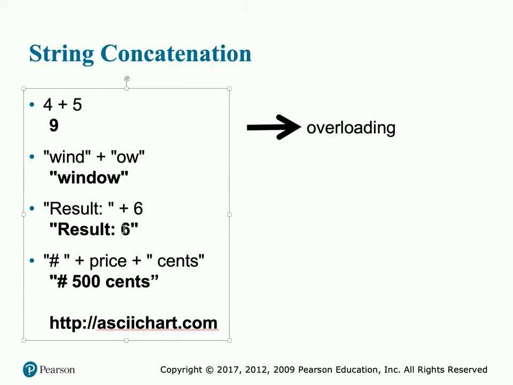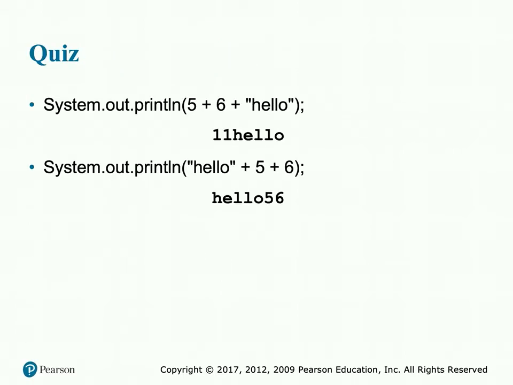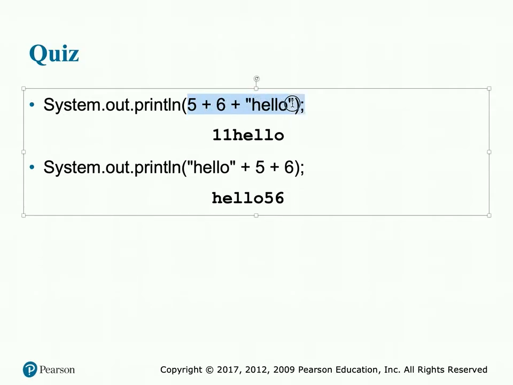Okay, so here's where things get a little bit weird. It can only do one operation at a time, so it isn't looking at all of these values at the same time, because they're not all strings. It's going to go from left to right.